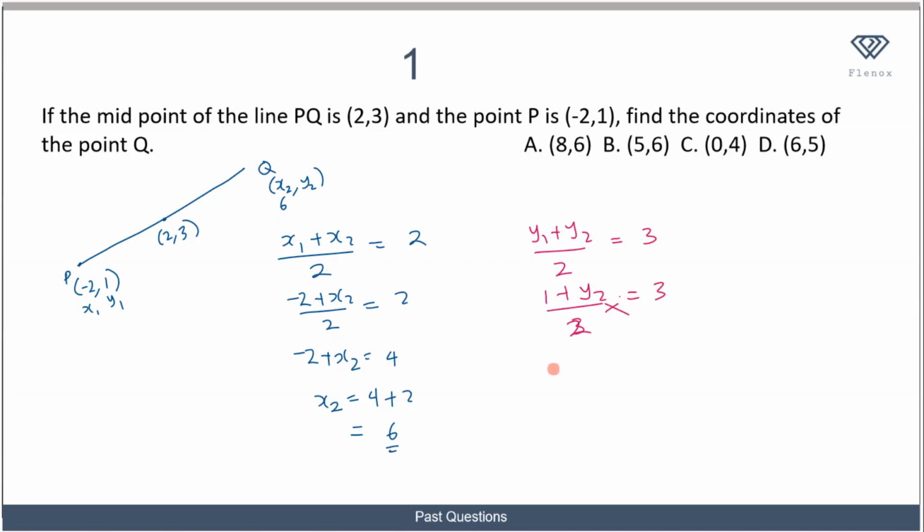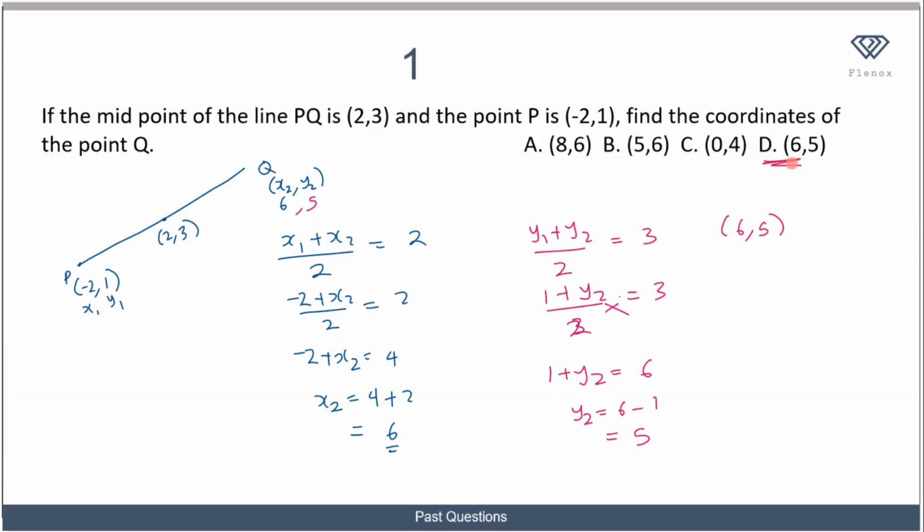If I cross multiply, I have 1 plus y2 equals 3 times 2, which gives me 6. So y2 equals 6 minus 1, which equals 5. So the value of y2 at this point is 5. So the coordinates of Q are (6, 5), and the correct option is option D.